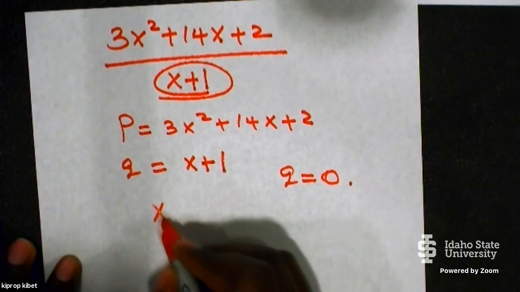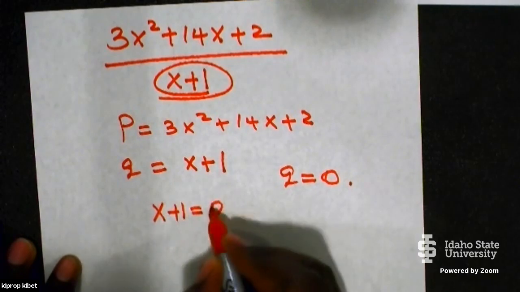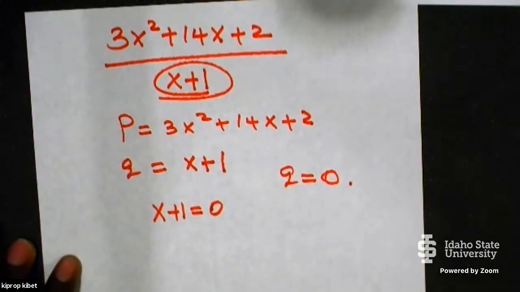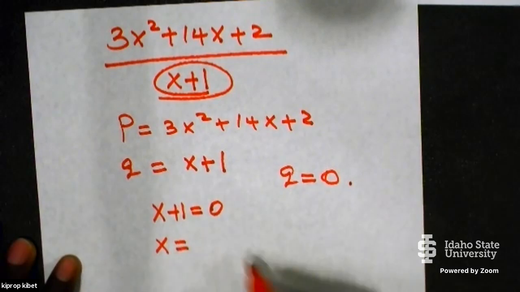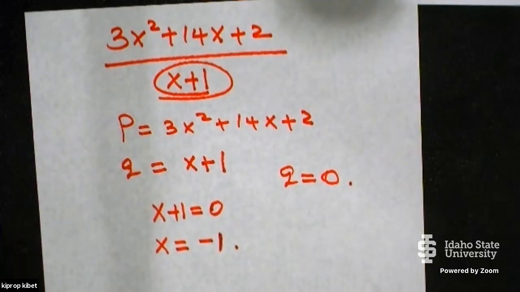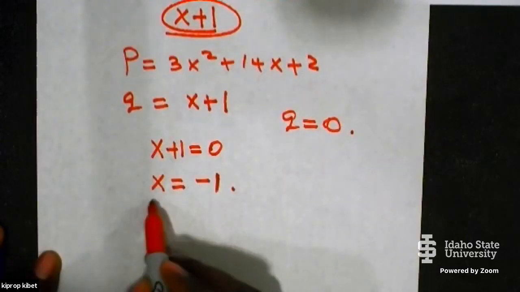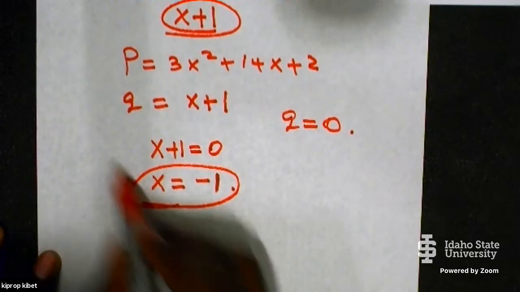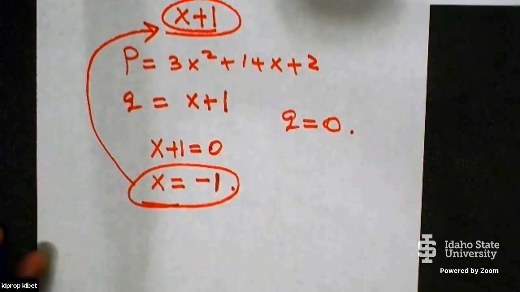So x plus 1 equals 0, then x would be equal to negative 1. So when we replace x with negative 1 here, the expression would be undefined.